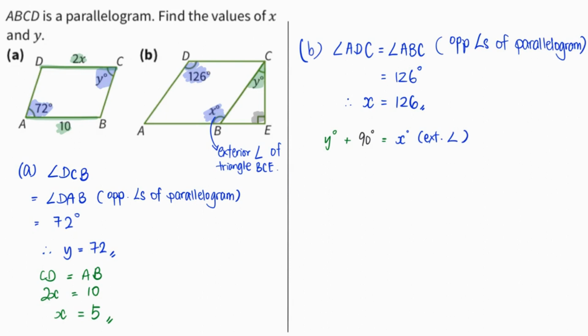Exterior angle will do. And with this in mind, I will then be able to find the value of y. Because y is simply my x, which is 126, minus away my 90 to give me a final answer of 36 degrees or 36.